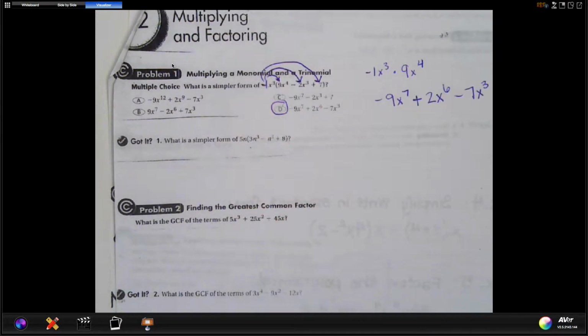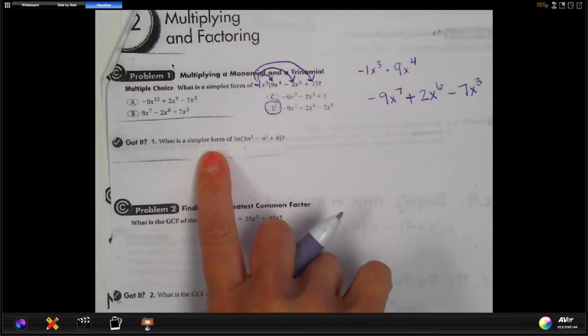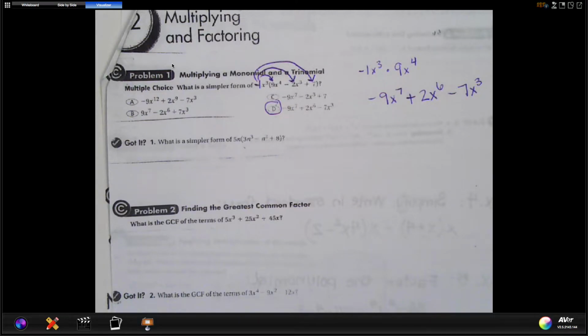Good. Okay. So go ahead and try it with this one here. What is the simpler form of 5n times the quantity 3n to the 3rd minus n squared plus 8? See if you can get that correct. It's a little bit tricky.